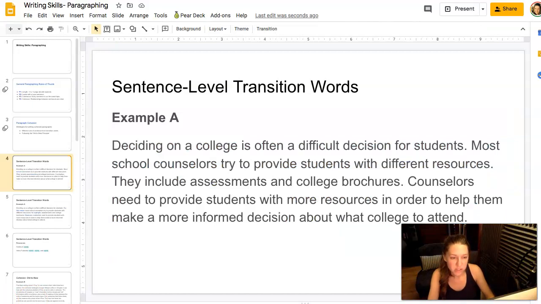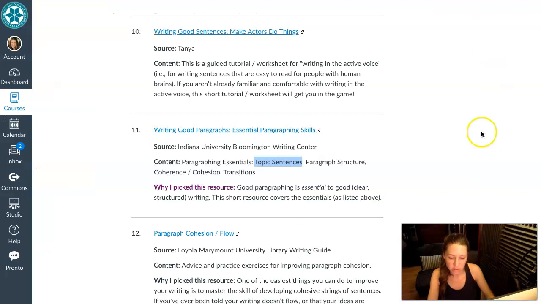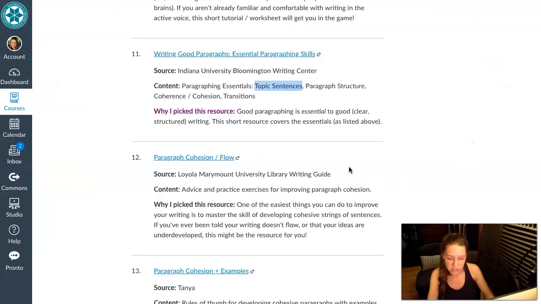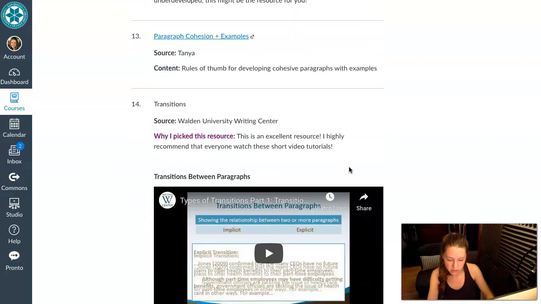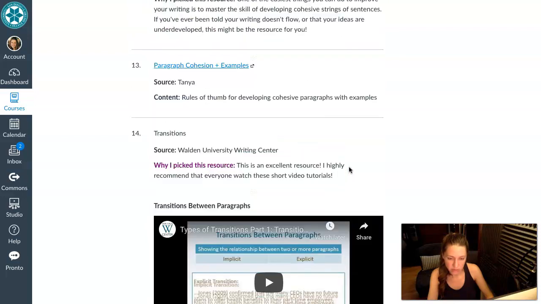Okay, if you're interested in more practice on transition words, there are resources in our resources section.